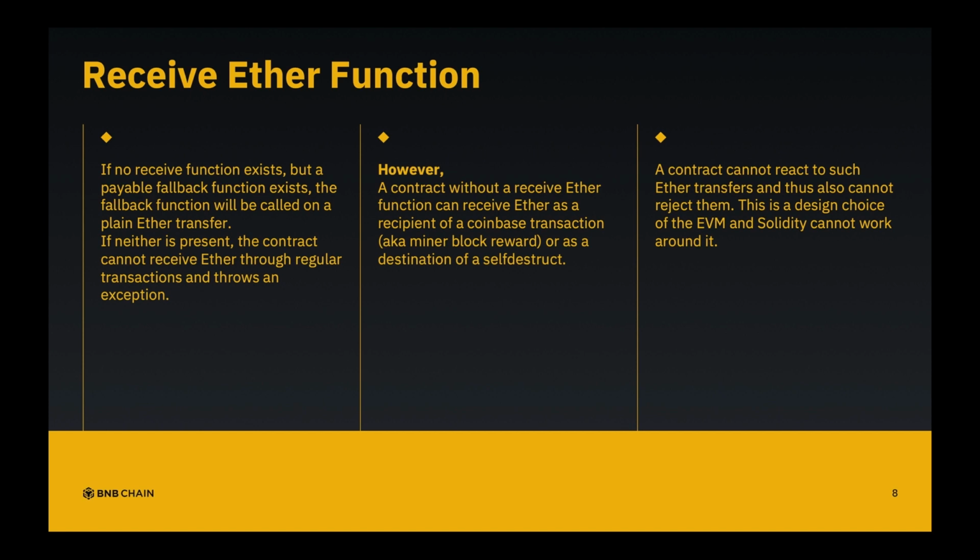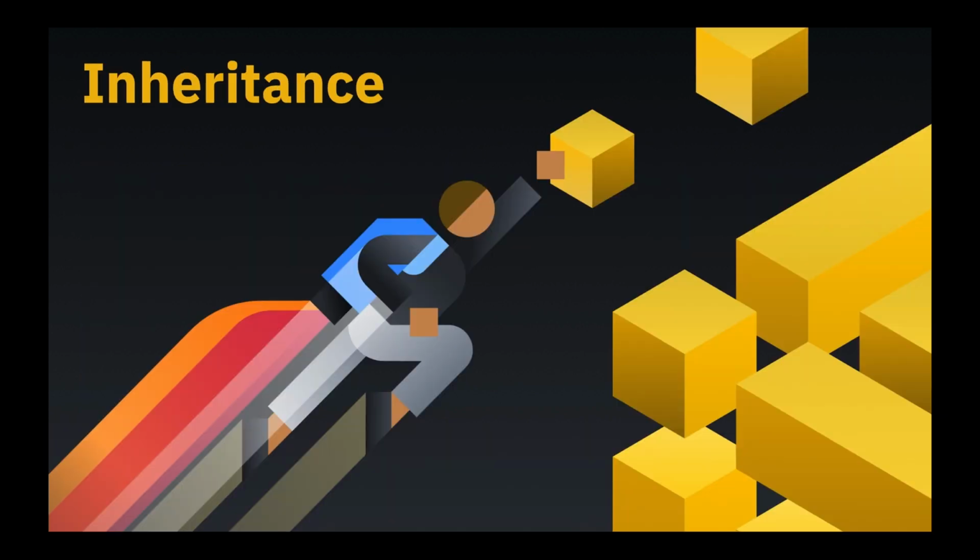That means this money is lost. It is just stored inside this contract. This is a design choice of the EVM, and Solidity can do nothing about it. So we need to memorize this feature and avoid bugs related to it. These three are important special functions for a contract, and then we can talk about inheritance.